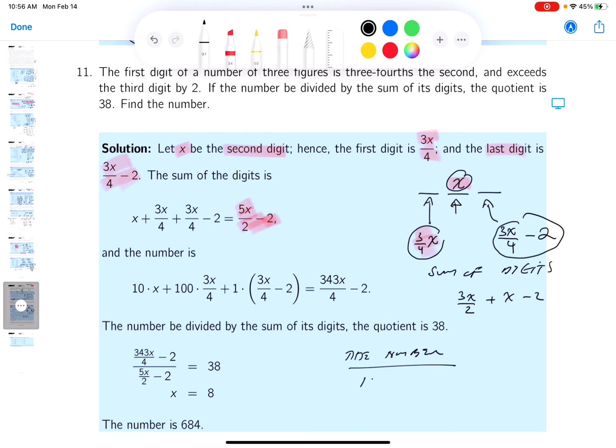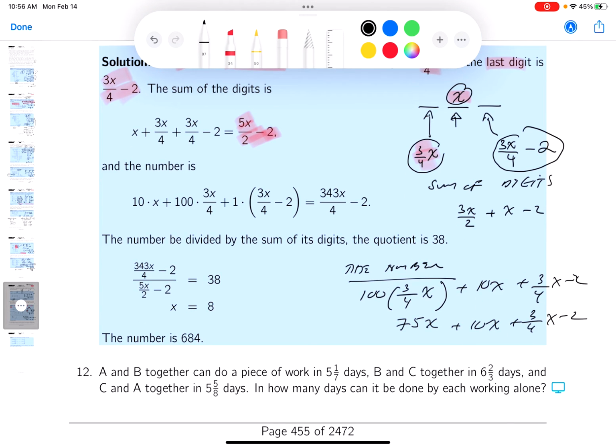is actually 100 times 3/4 of an x plus 10x plus 3/4 of an x minus 2. Well, I got to do this, and looking at it, looks like 75x. That's not so bad. 4 goes in 100 25 times. 75 plus 10x plus 3/4 of an x minus 2. And this is the number.